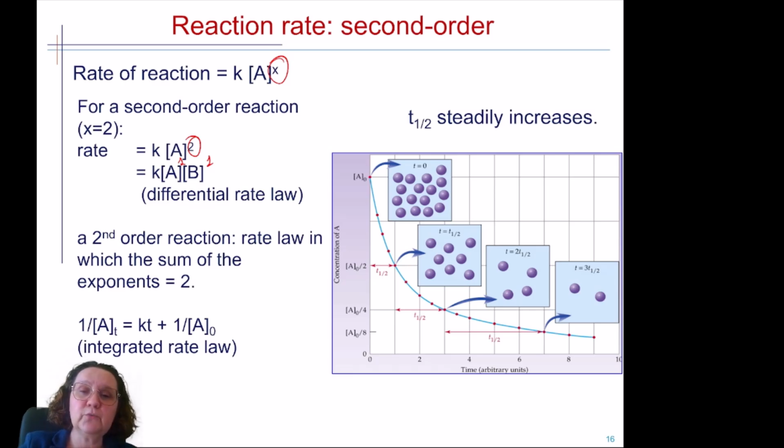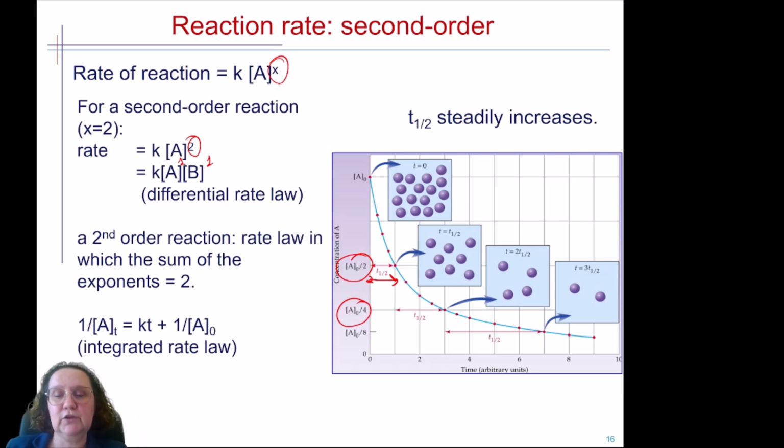If you look at the first one, this is time and a half, this bit here. The next time and a half, from that one to halve that amount, is this one, and look, that is longer.